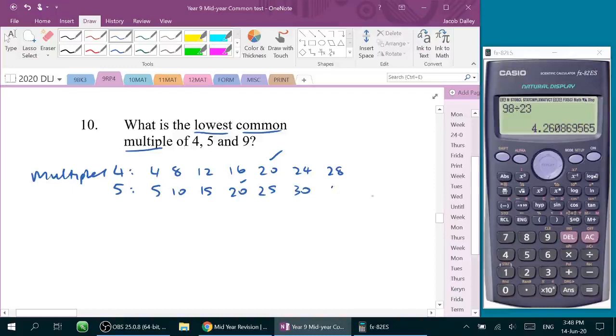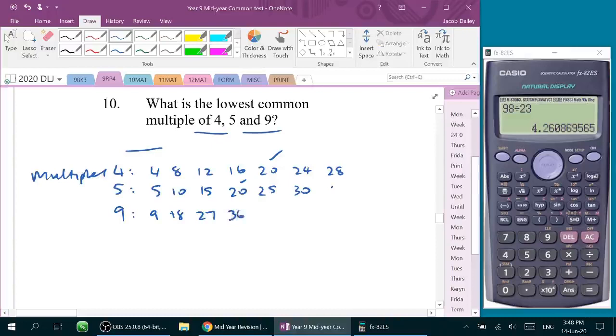So what I'm thinking we might do is start with 9 because it's our highest one and just count up in 9. So we got 9, 18, 27, 36.